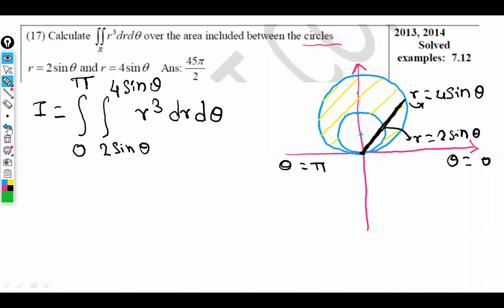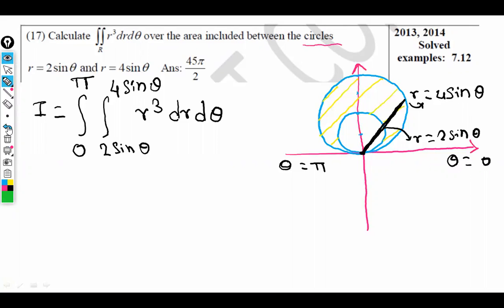You learned a property of definite integrals in 12th: the integral from minus a to a of f(x) dx is 2 times the integral from 0 to a of f(x) dx, provided that f is even. There are a few conditions while writing that, but in the majority of examples it will work, so you can take 2 times or 4 times, provided the region is symmetric.